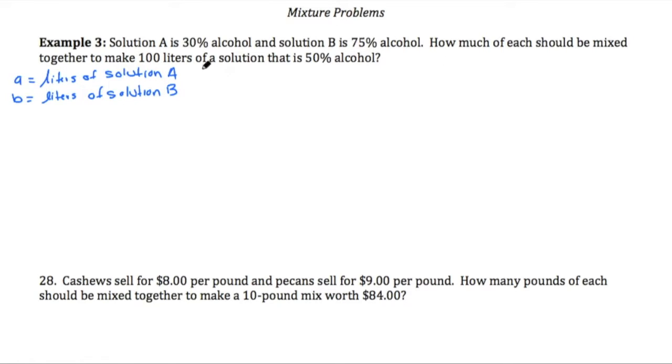So we are trying to make 100 liters of the final solution. So we do know that our first equation is going to be pretty straightforward, that A plus B, the liters of each of them, must be 100.